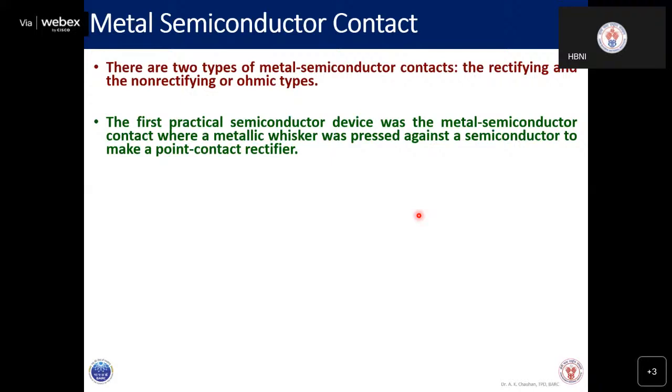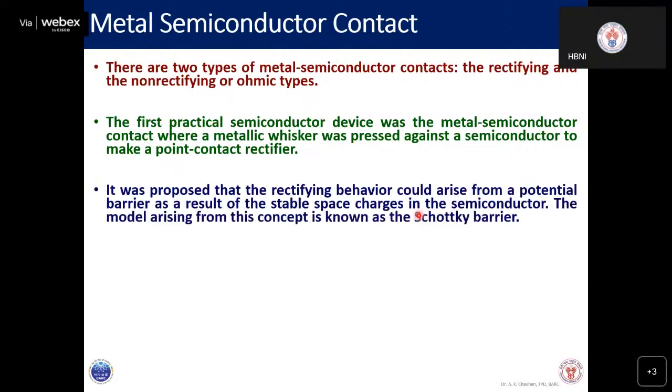The non-rectifying contacts are called ohmic contacts. The first practical semiconductor device was a metal semiconductor contact, where a metallic whisker was just pressed against a semiconductor, and with that a point contact rectifier was made.